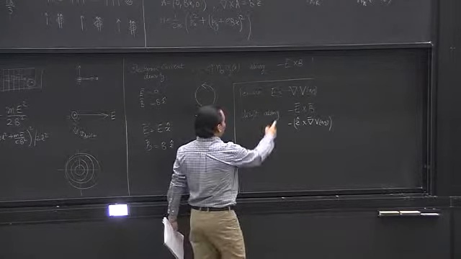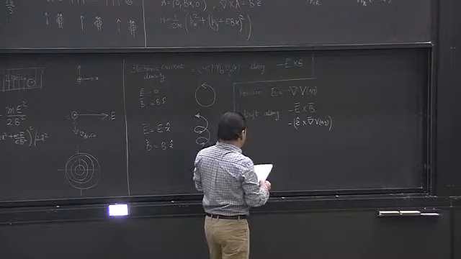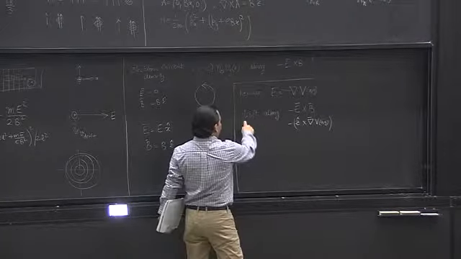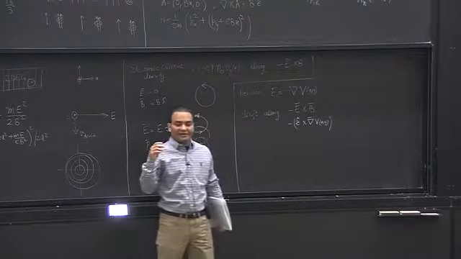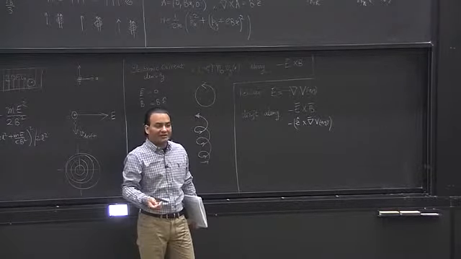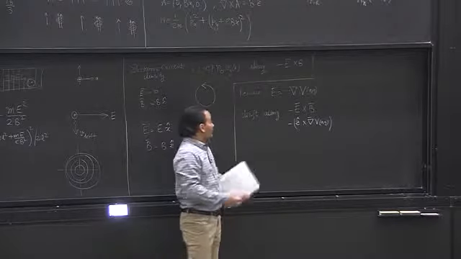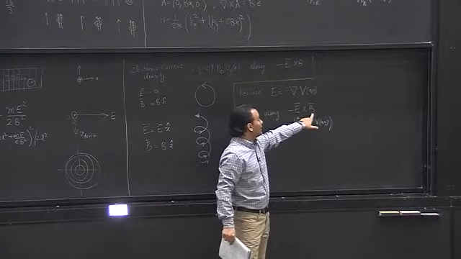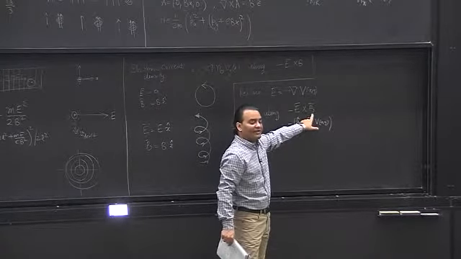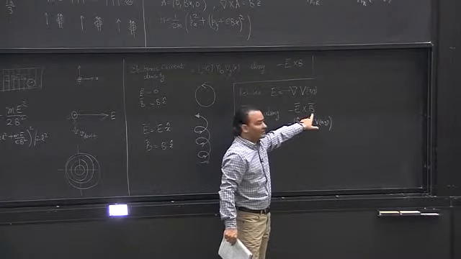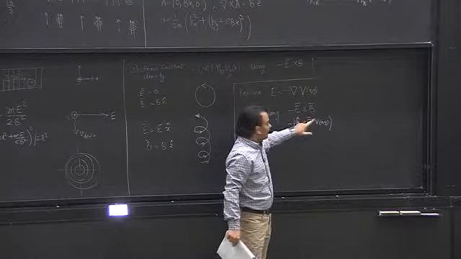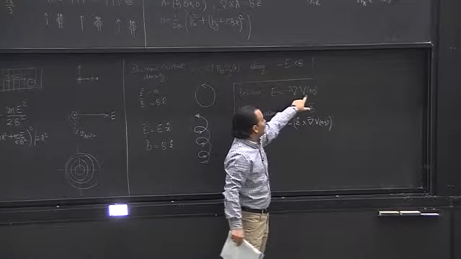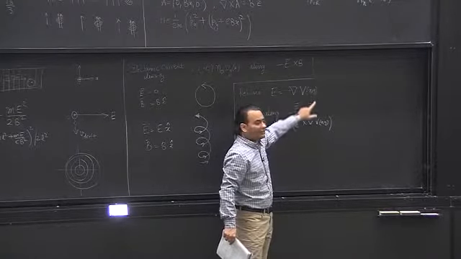Now let's figure out what this direction will be. For a general potential V of xy, can we guess where the drift will be? The direction has to be in the xy plane because the magnetic field is uniform and in the z direction. And the electric field is in the xy plane because this potential is a function of xy.